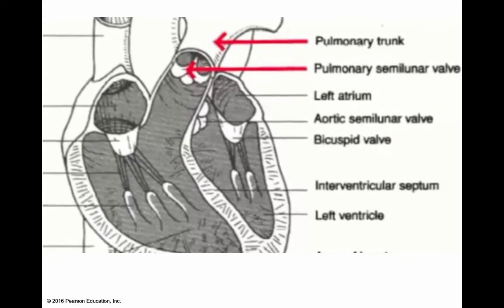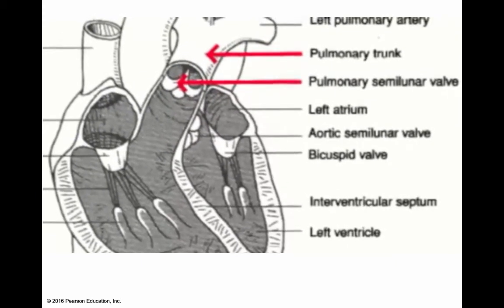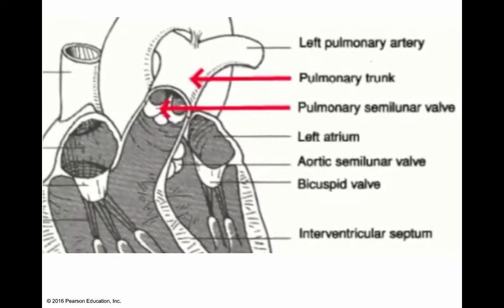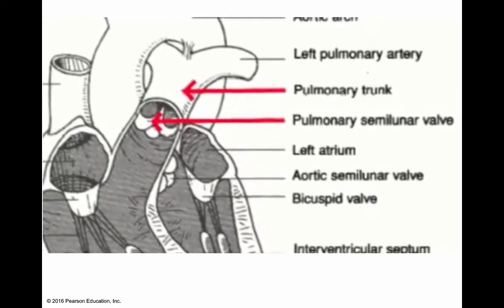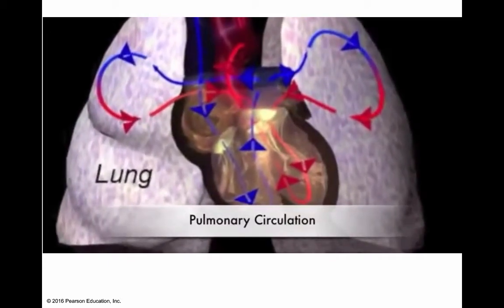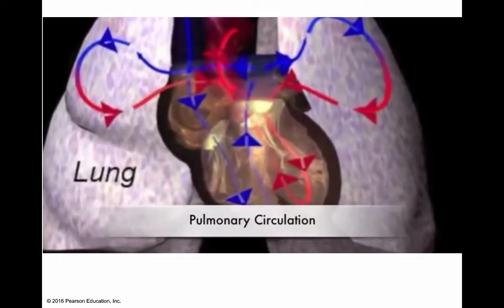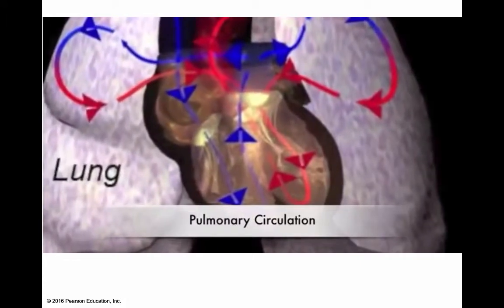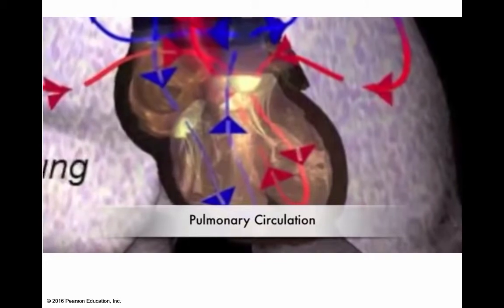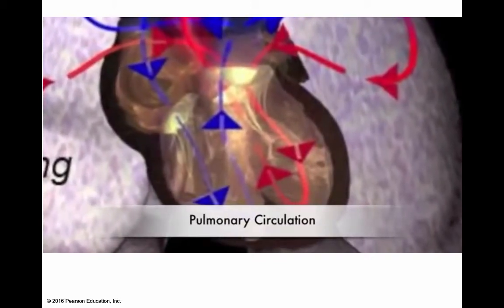Pulmonary semilunar valve into the trunk, yeah. And every time it goes out through your arteries, I say, hey, that's pulmonary circulation. It goes into the lungs, back into your heart, the left side of your heart.